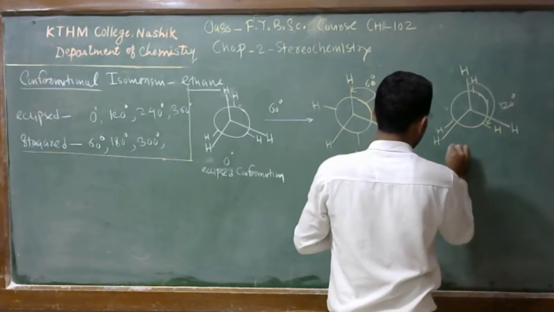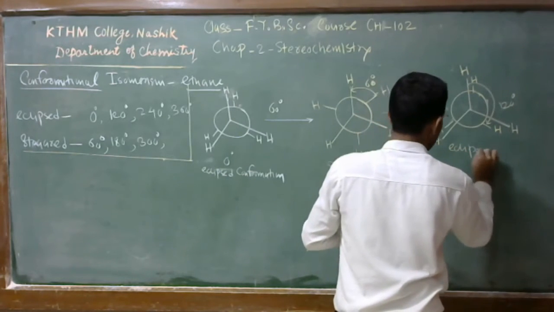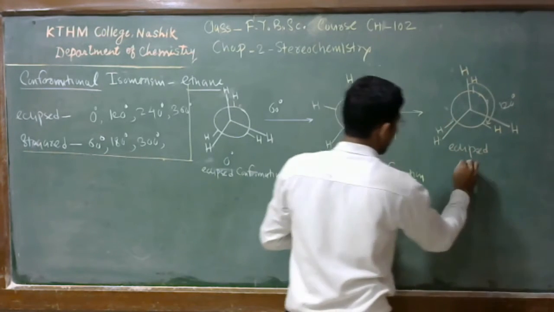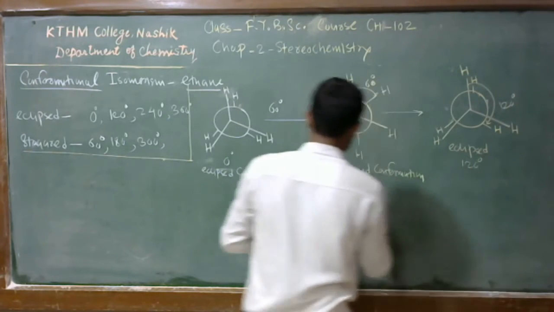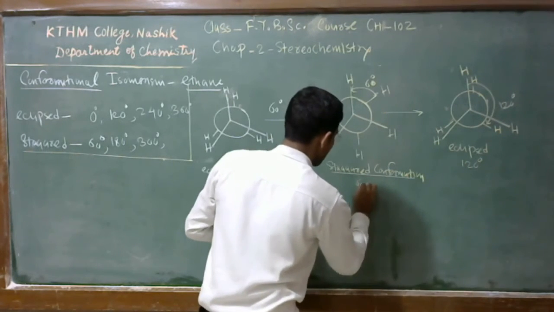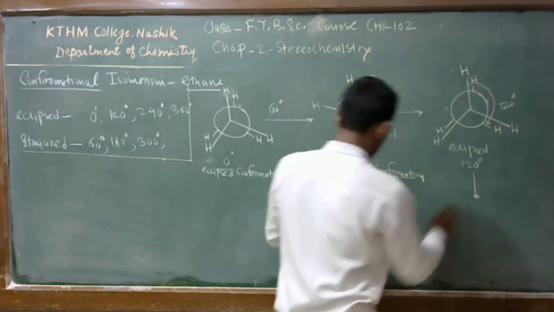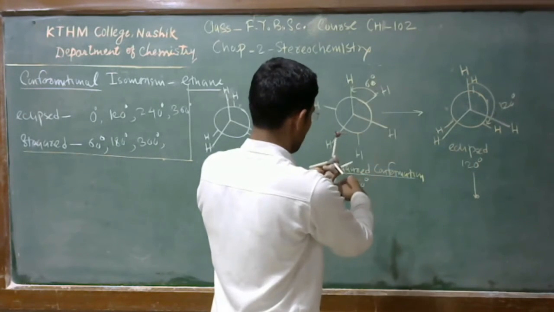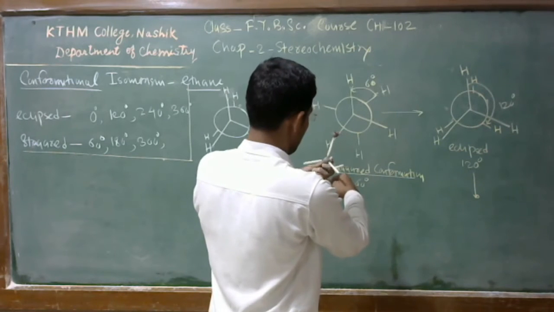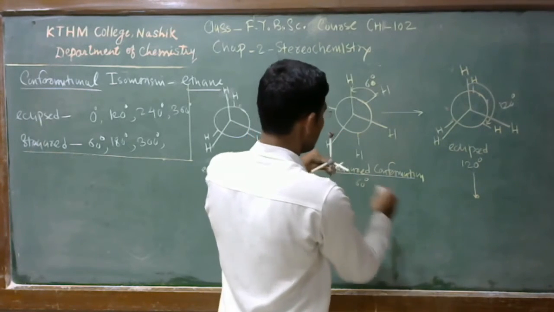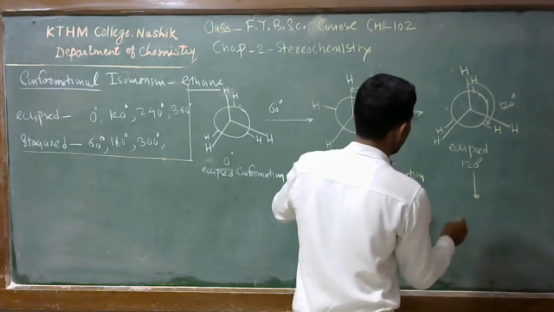This is the eclipse, and angle is 120. Okay, this is the staggered at 60 degree, then 120. Again angle 60, so overall it becomes 180 angle.